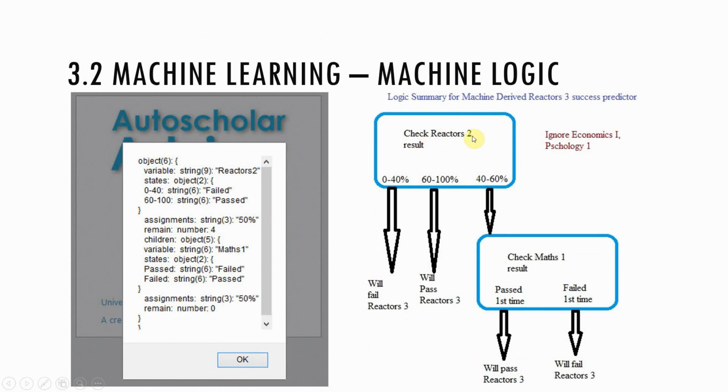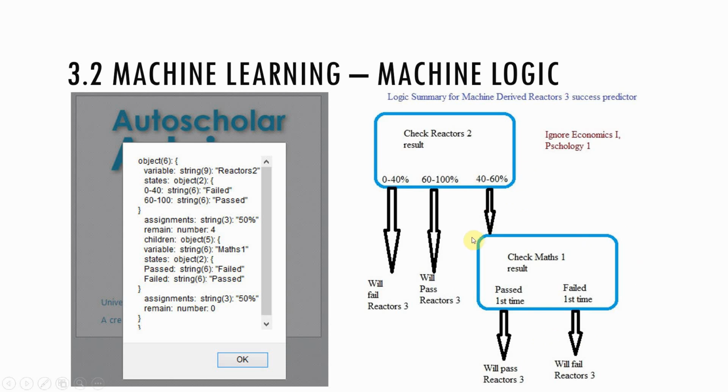If you check Reactors 2, if you have very low marks, you likely fail 3. If you have very high marks, you likely pass. If you have marks in the middle range, it's not enough to check that. You should also check this maths course, and so it constructs for us a model that we can use to predict whether a student will pass or fail.